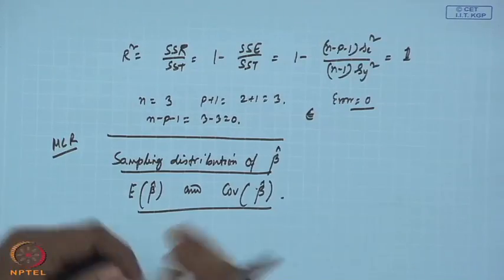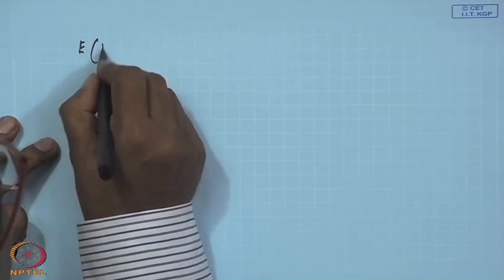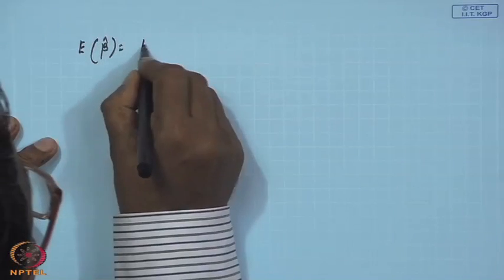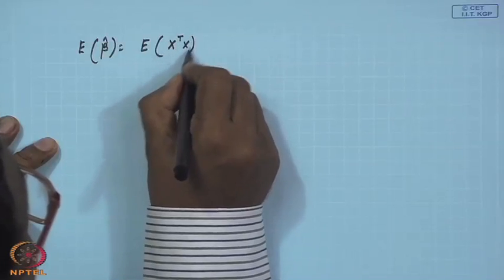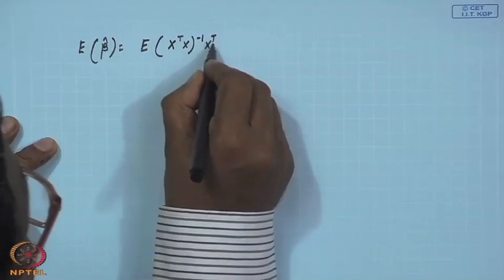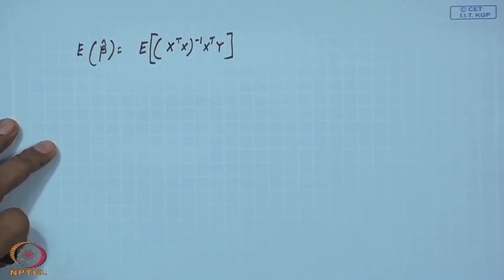Now, let us see what the expected value of beta cap is. We can write the expected value of X transpose X inverse X transpose Y, because the beta cap formula is this.